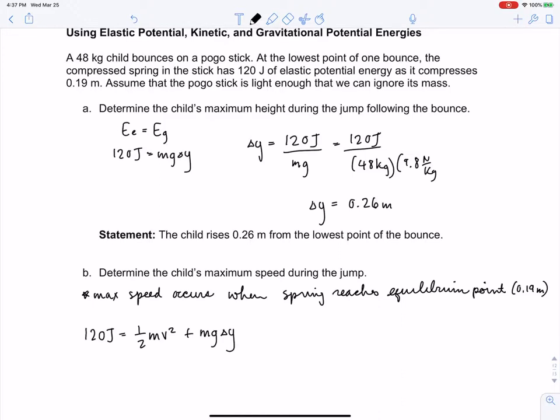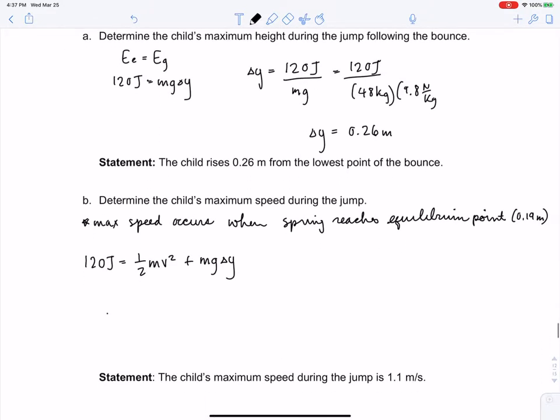So we can solve for v. v is equal to the square root of 2 times (120 joules minus mg delta y), close the bracket, divided by mass. Let's sub and solve.